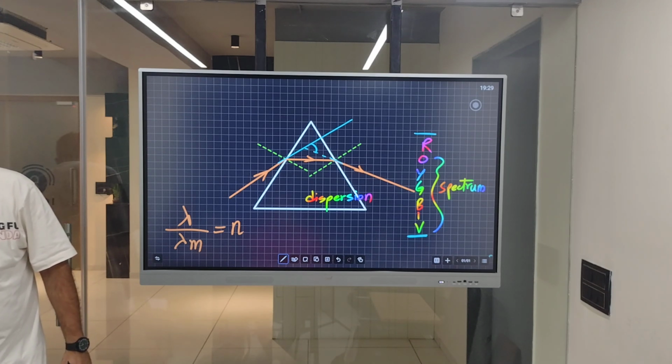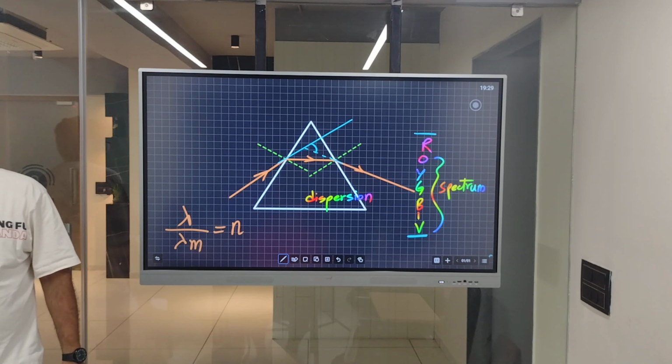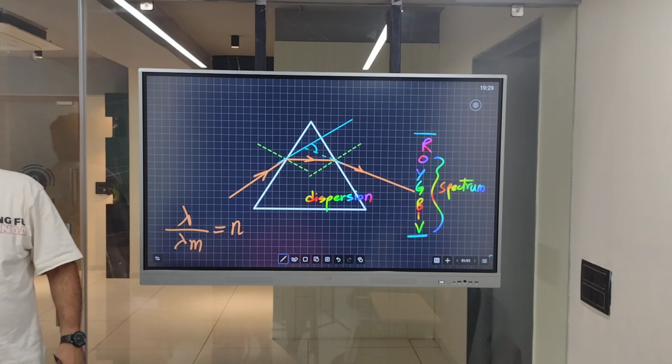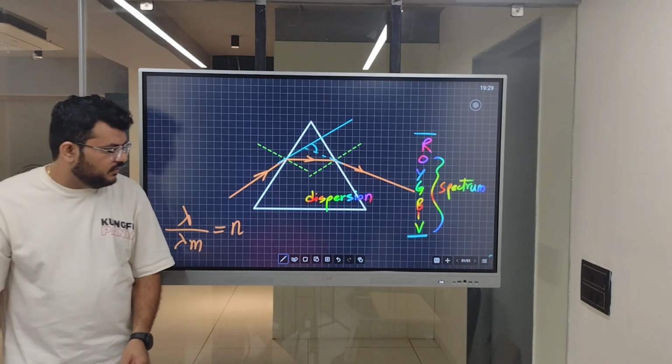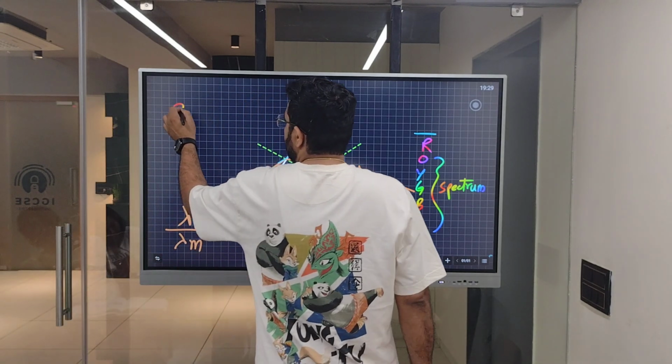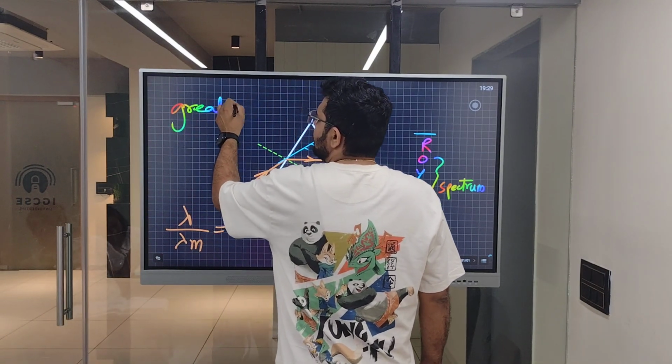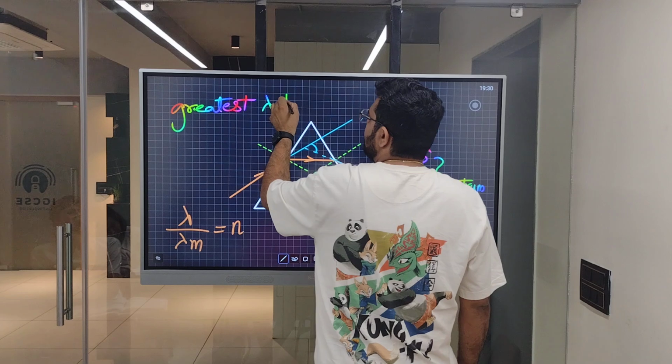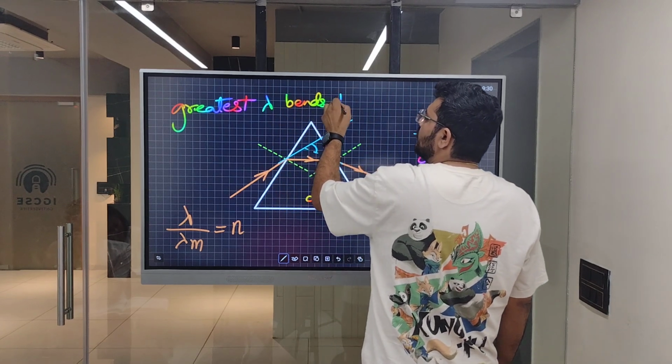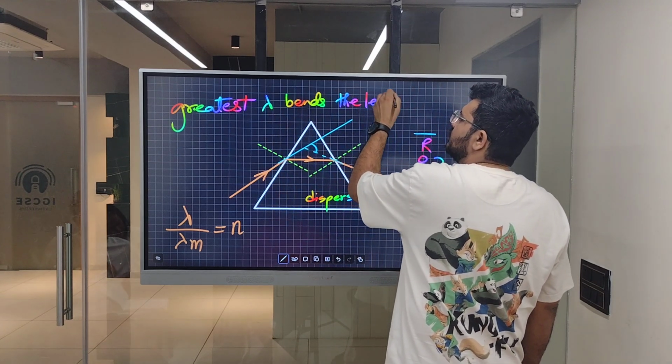The symbol below 0.7 is micrometer. So the one that has the greatest wavelength, let's write it here: greatest lambda bends the least.